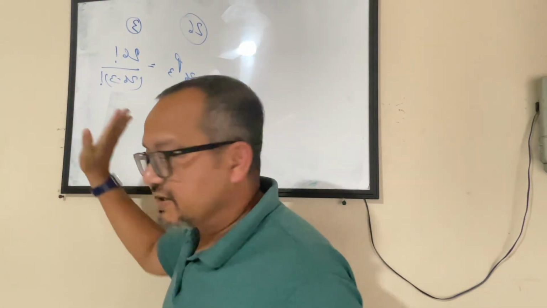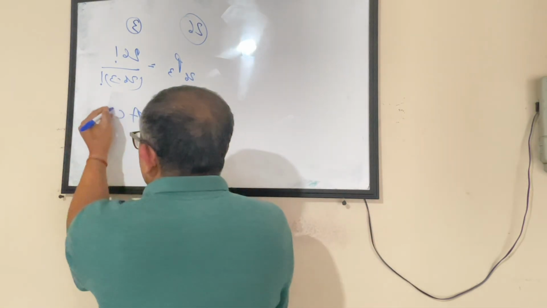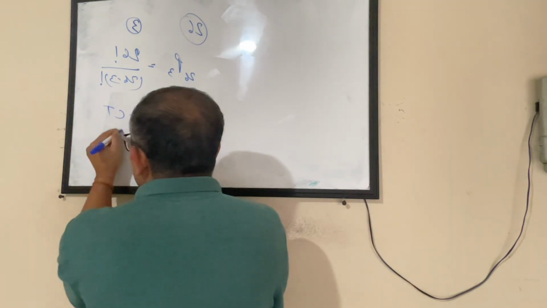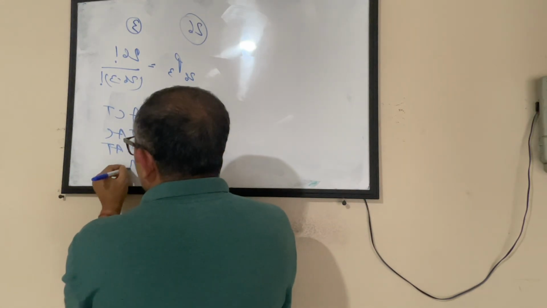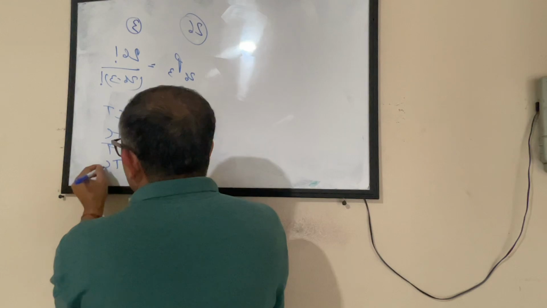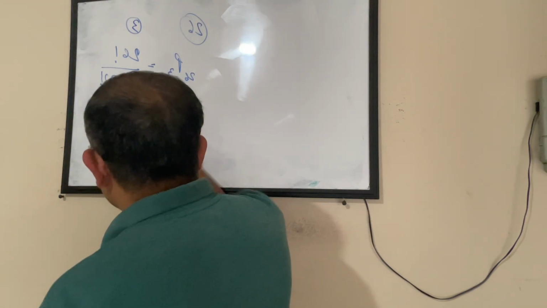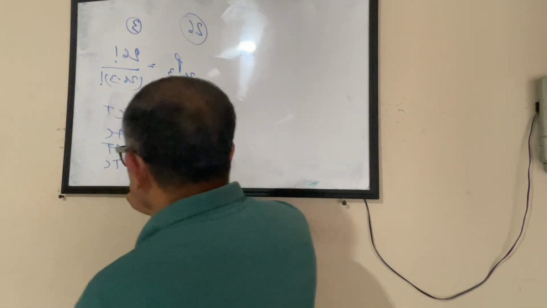This part is okay. Here, meaning ACT and TAC, CAT, ATC. How many ways we can arrange that?